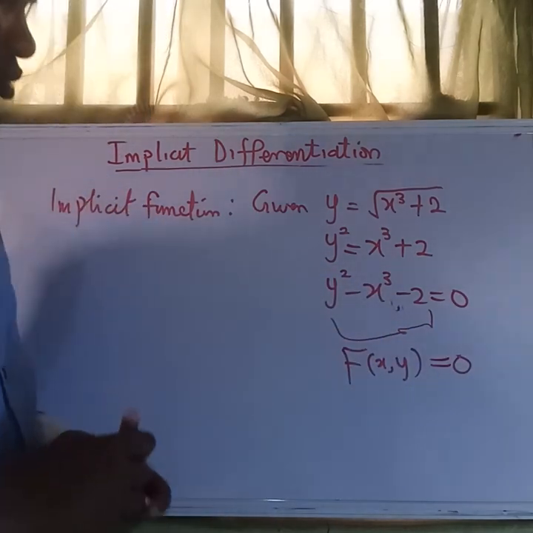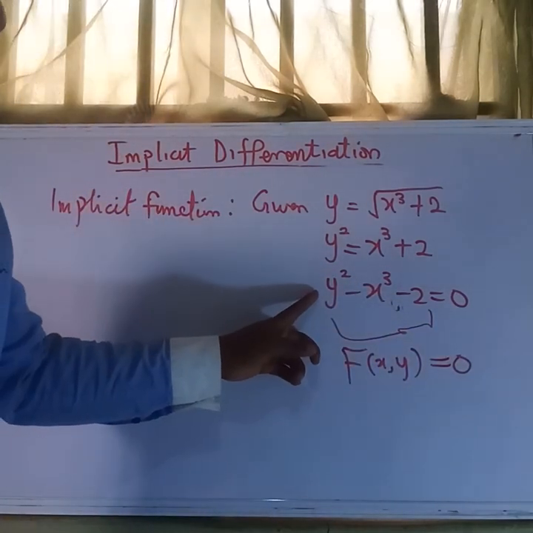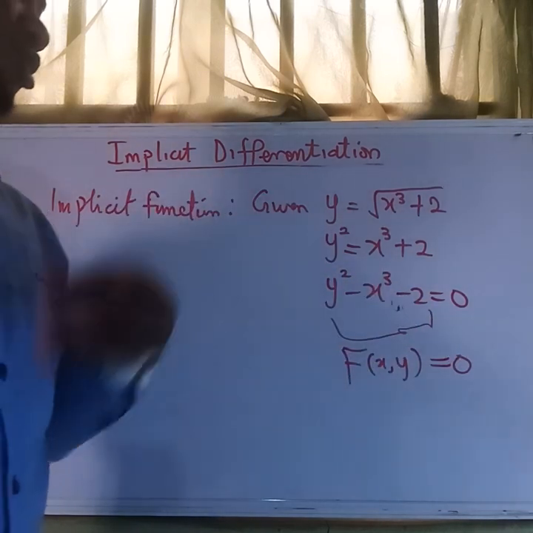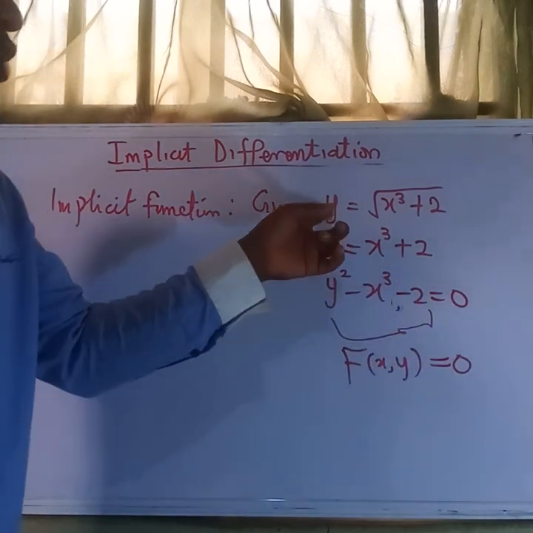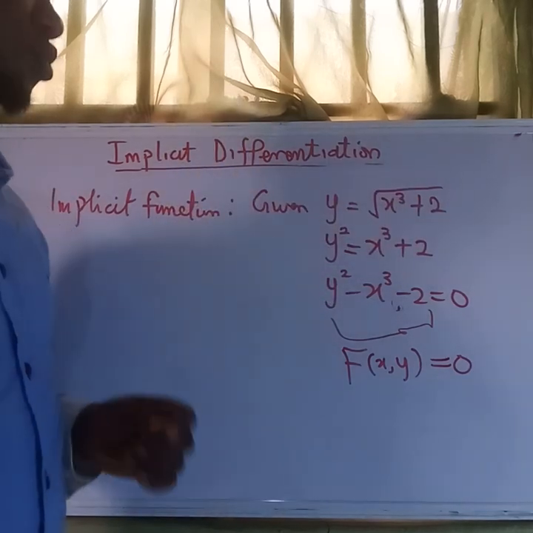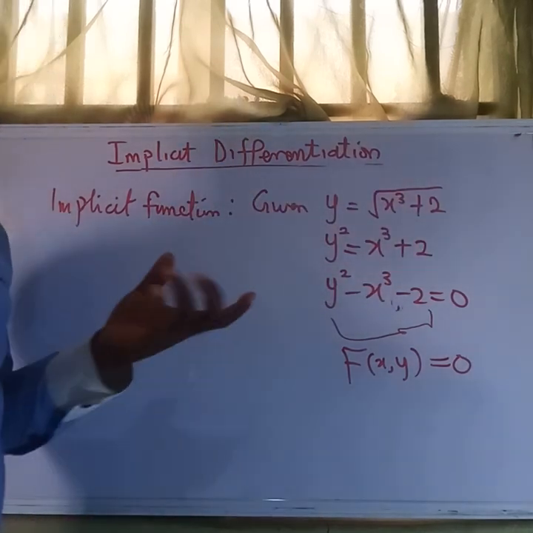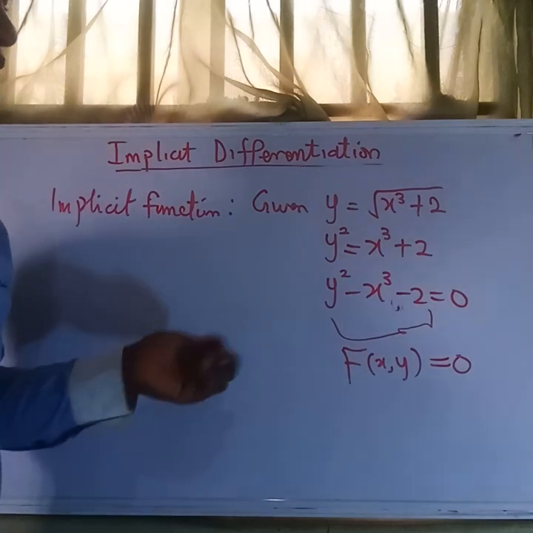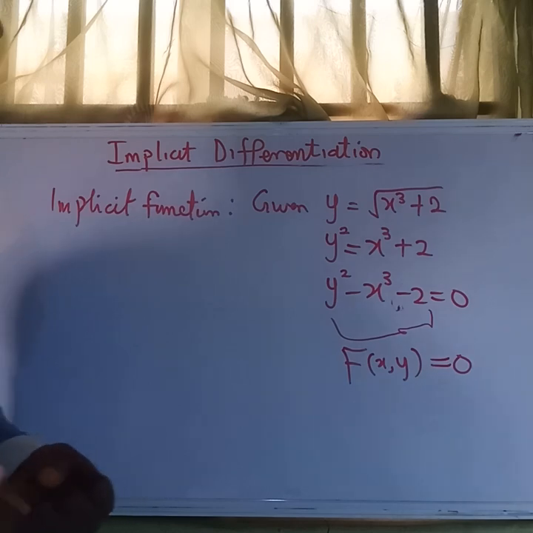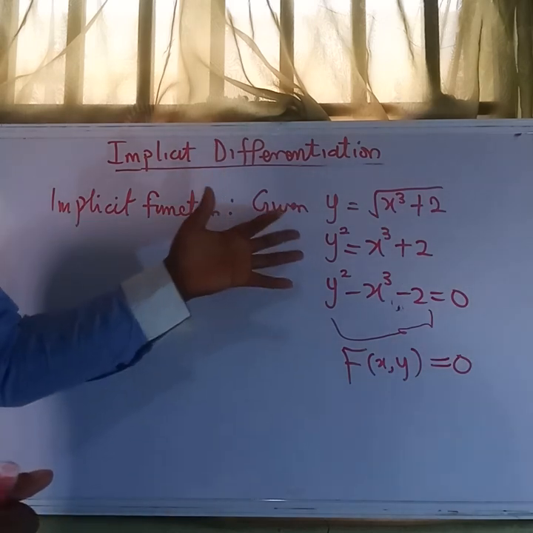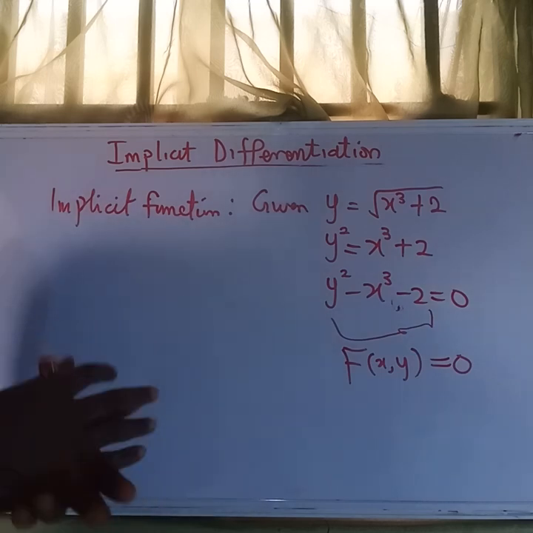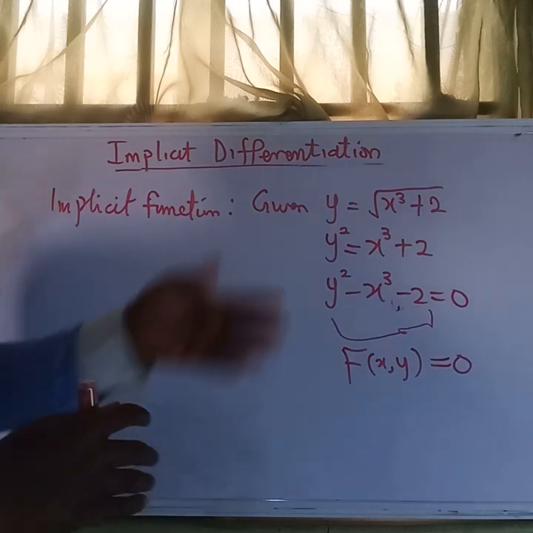Therefore, the equation y squared minus x cubed minus 2 equals 0 is an implicit function whose explicit form is y equals the square root of x cubed plus 2. There are some implicit functions where getting y may not be easily available, but this is how we derive the implicit function from our explicit.